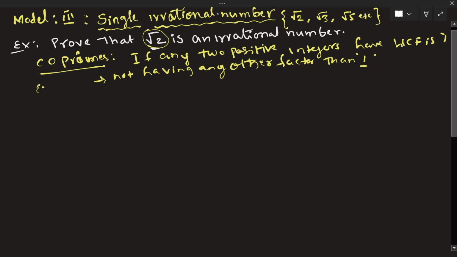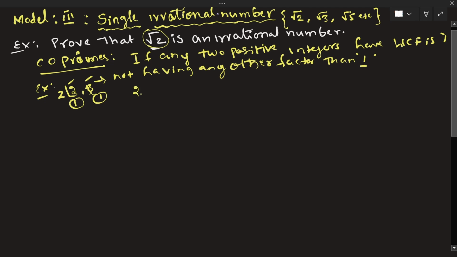For example, when you take 2 and 3, 2 has only two factors, and 3 is 3 once 3, isn't it? Here in these two numbers the only common factor is 1, so we can decide that 2 and 3 are co-primes.